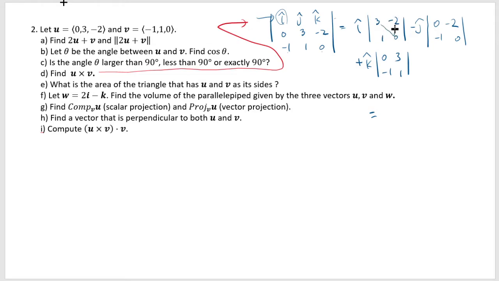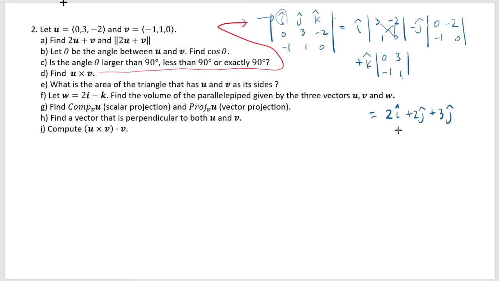So it's this minus that. So 0 minus -2, so that's 2. Here for J it's 0 minus positive 2. So it's -2 overall, but there's a minus in front, so it's plus 2. Here for K it's 0 minus -3, so it's positive 3.